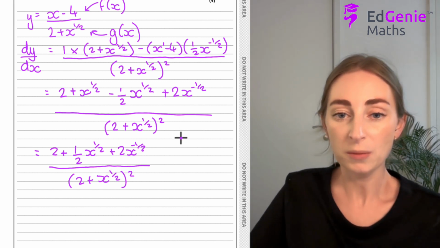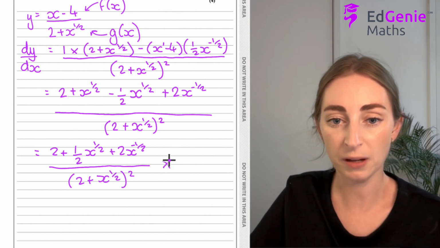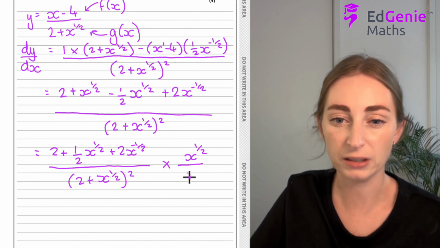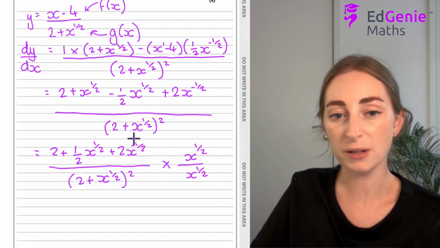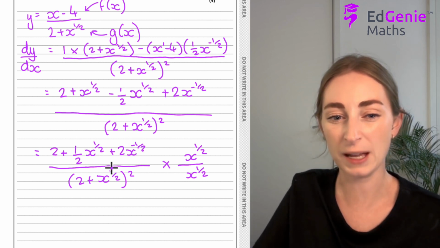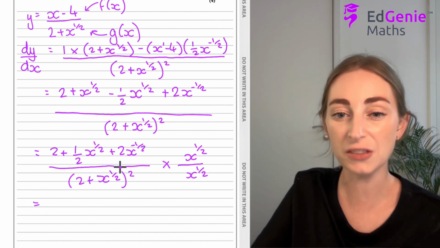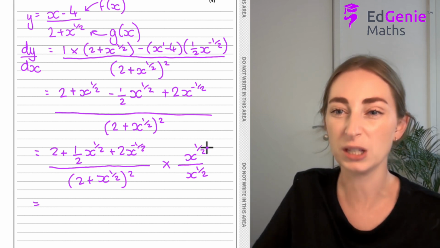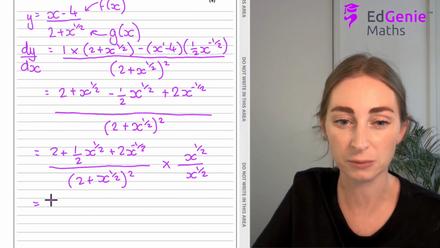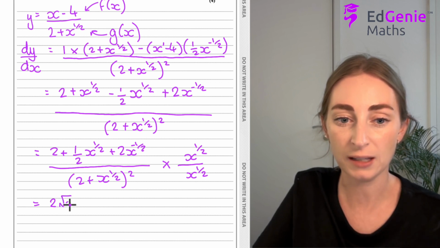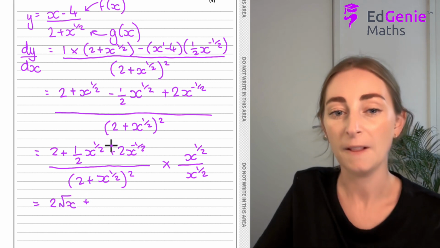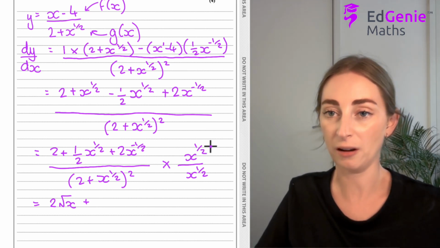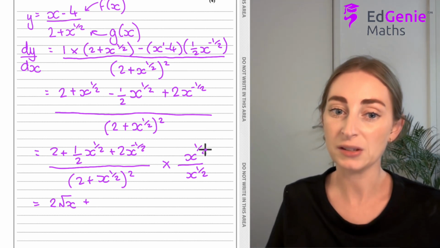Okay, what I'm going to do is multiply this by x to the power of a half over x to the power of a half, because then this is going to cancel out these powers quite nicely. So then we'll be left with 2 times x to the power of a half, and we could change it back to the square roots now, couldn't we? So 2 root x plus, if we've got x to the power of a half times by x to the power of a half, you add the powers, so that makes 1.